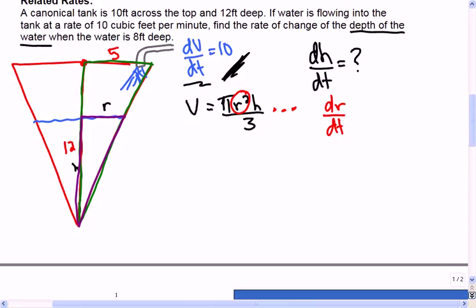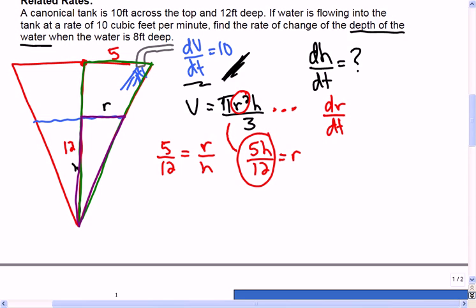We can write up a little equation that would say 5 is to 12 as r is to h. And if I solve this for the radius, 5h over 12 is the radius. That way I can substitute this piece in for the radius, and now I only have a problem with h, which is okay because that's what I want. I'm looking for the change in height, so h is a good thing to keep in your problem.